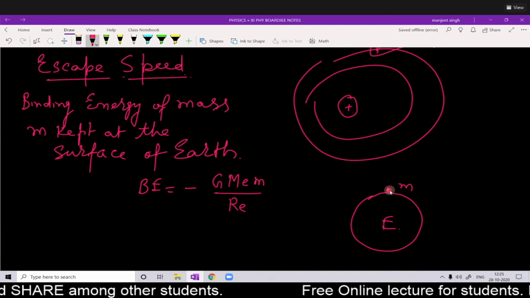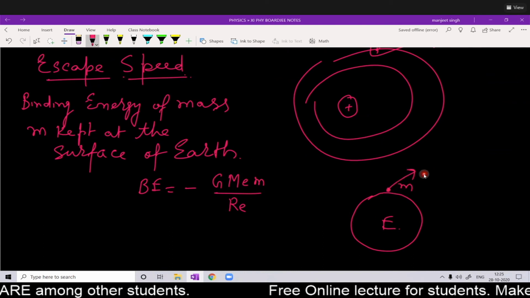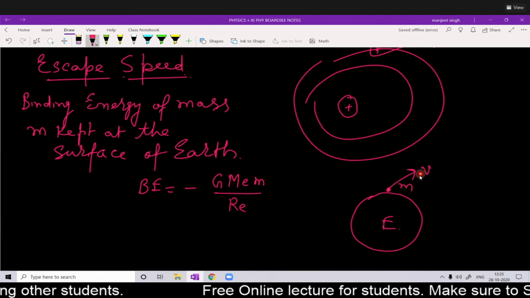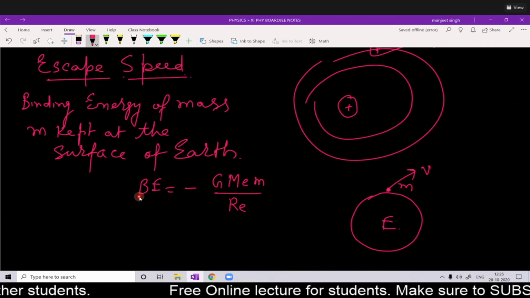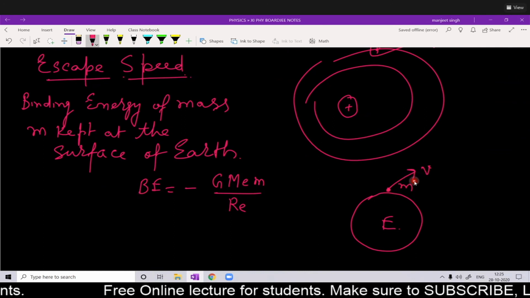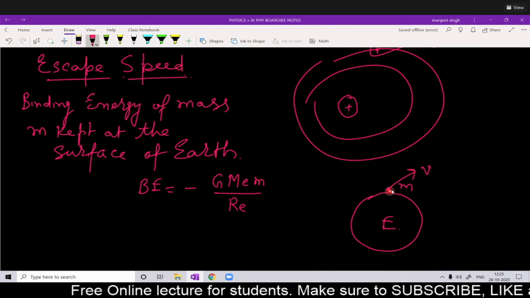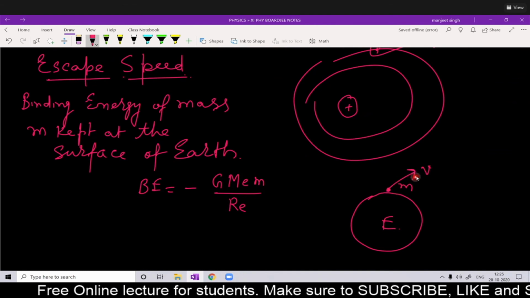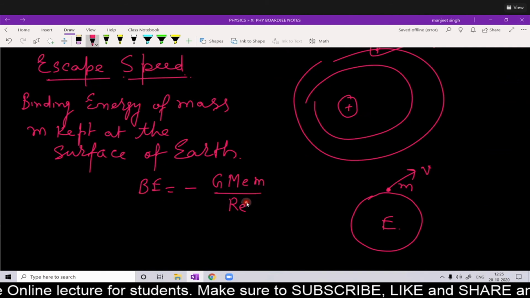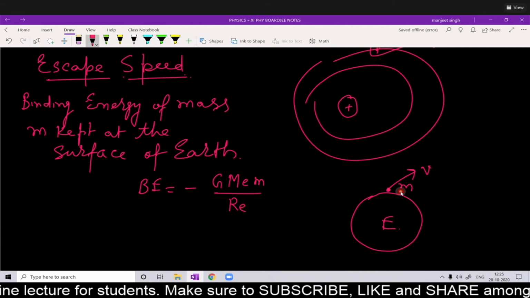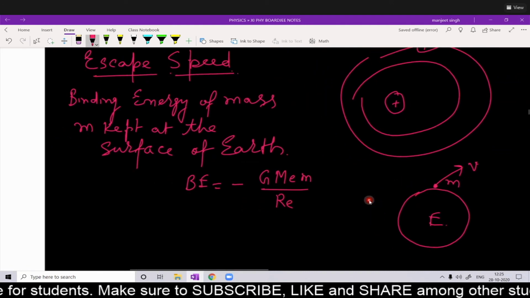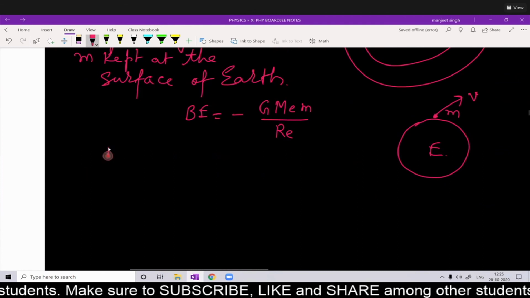So we have to throw this body of mass m with certain velocity such that the energy given to this body overcomes this binding energy. So we are giving energy in terms of kinetic energy to this body. Now if this kinetic energy becomes greater than the binding energy between the body-earth system, then definitely it will not come back. Kinetic energy is half m v square.